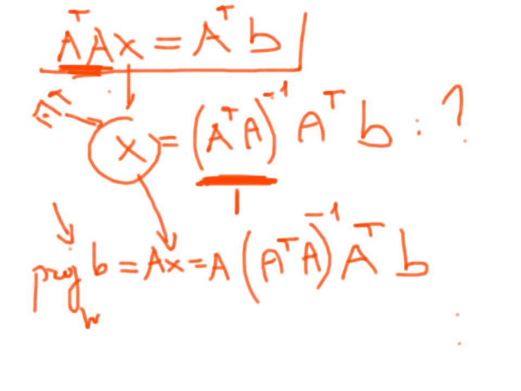But the fitted value is basically given by all this, which depends only on your data, times B, that is your outcome. And this is interesting.